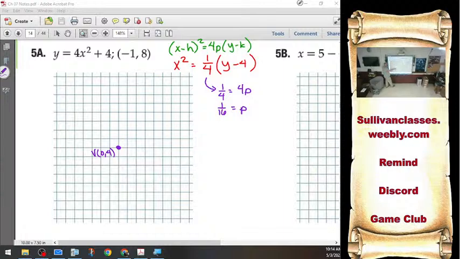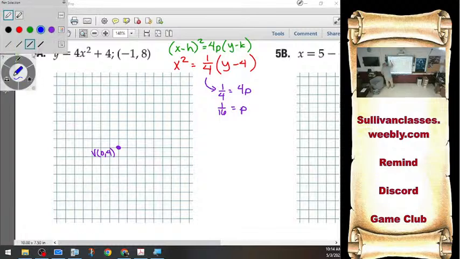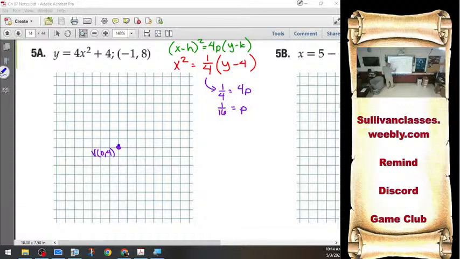4 and 1/16, going all the way back to elementary school. Multiply, add, is 65/16. So barely off of that point.